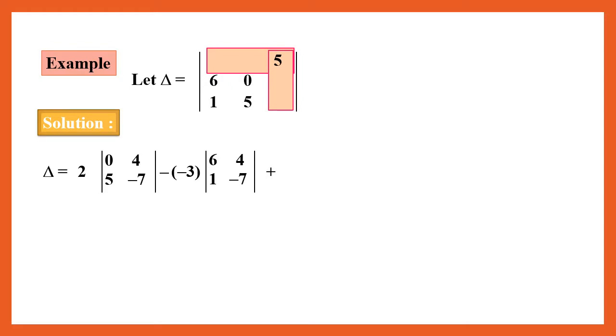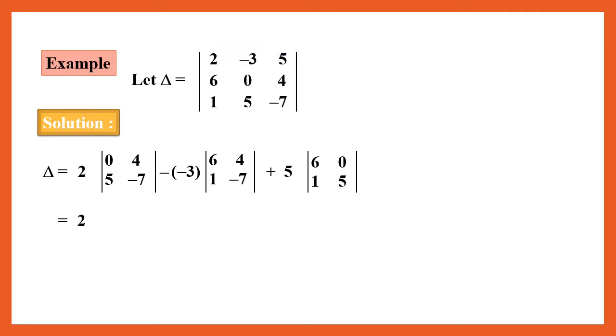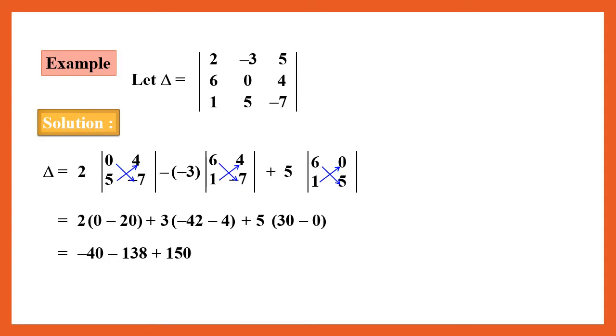Next, the last element 5 into the determinant 6, 0, 1, 5. On simplifying, we get 2 into 0 minus 20 plus 3 into minus 42 minus 4 plus 5 into 30 minus 0. On further simplifying, we get minus 40 minus 138 plus 150, which equals minus 28.